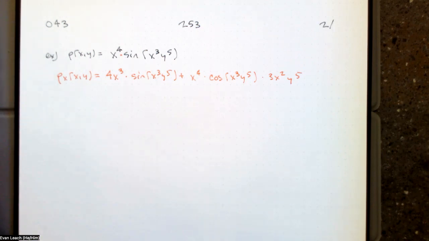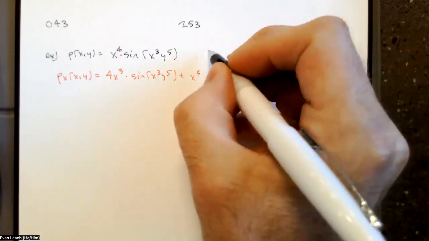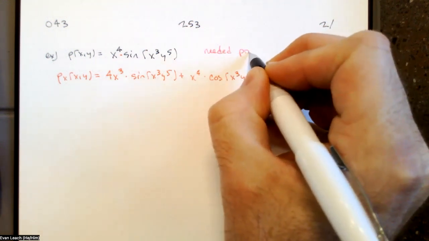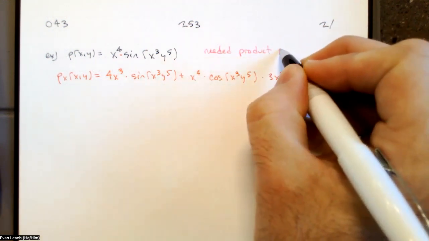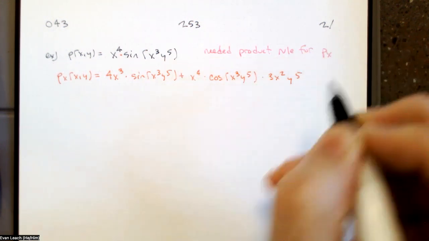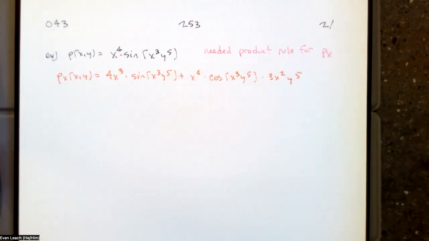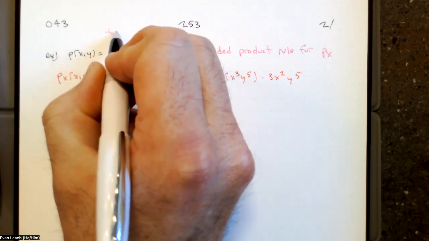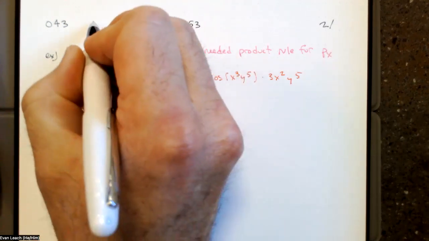So we use the product rule for Px. We needed the product rule for Px because I have two functions of x, I have a product of them.